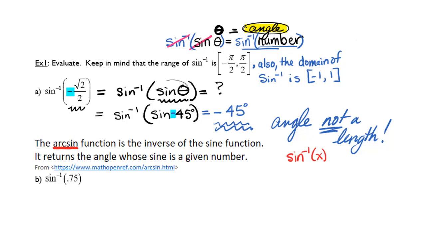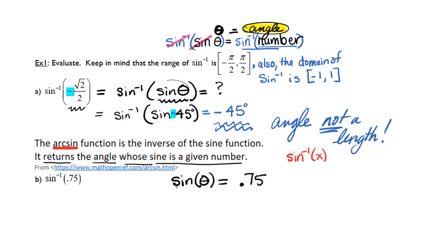Remember that if you want an angle, you can write this as sine of theta equals 0.75. That's what it means when it says it returns the angle whose sine is a given number.